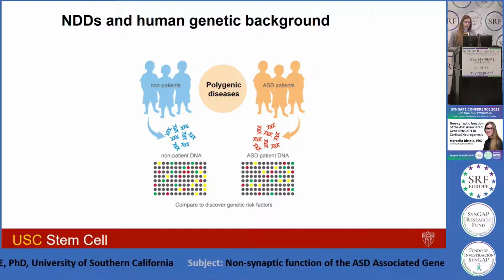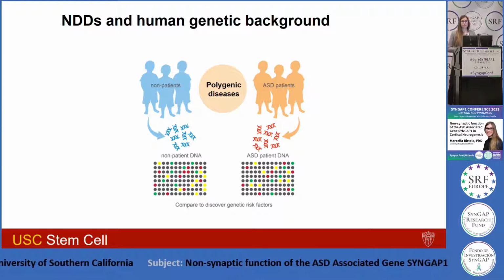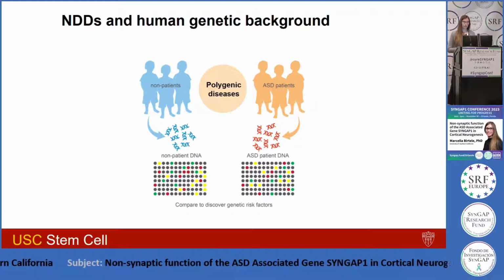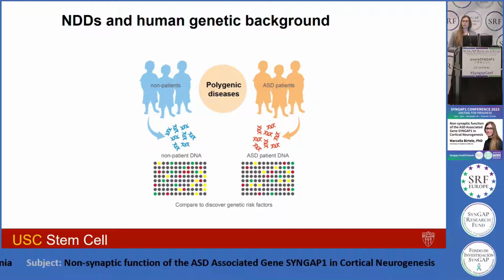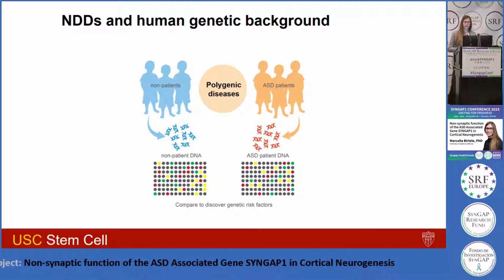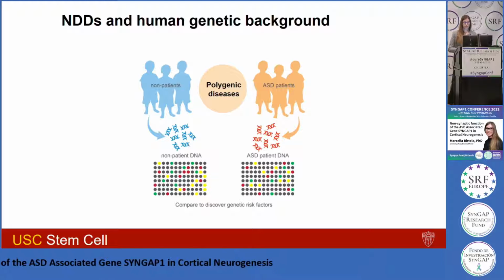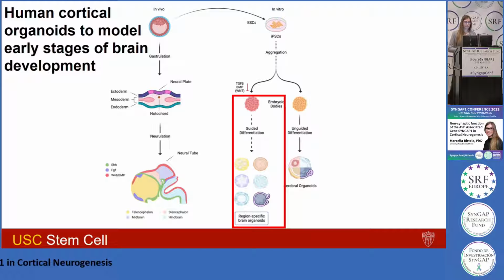And this feature is really difficult to model using rodents or animal models. And that's why we mainly use human-derived stem cells to dissect the genetic components of these disorders. And also we can look at the genetic background and its effect on different variants.